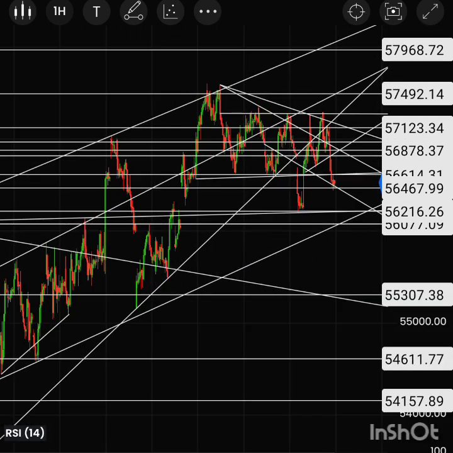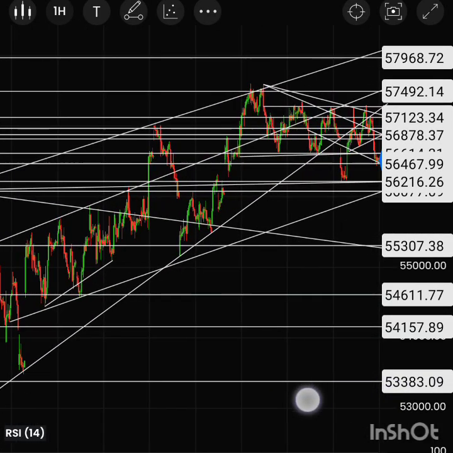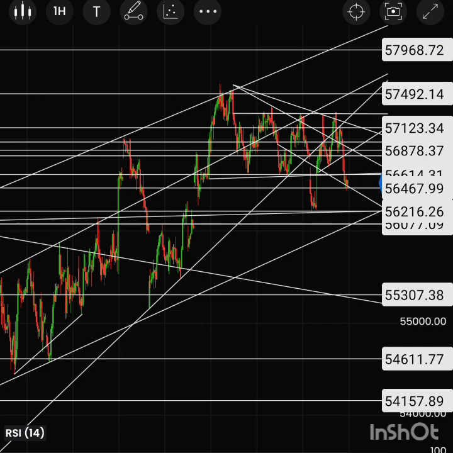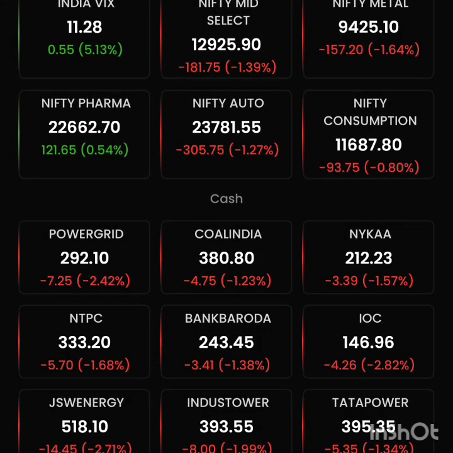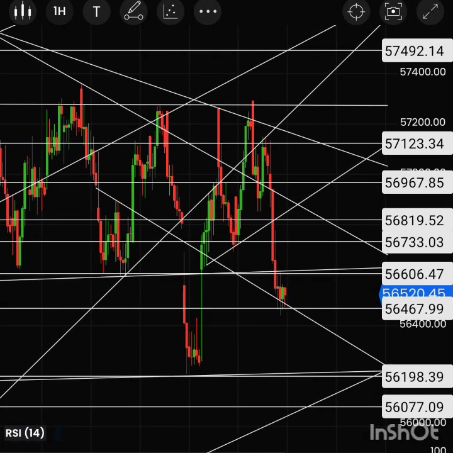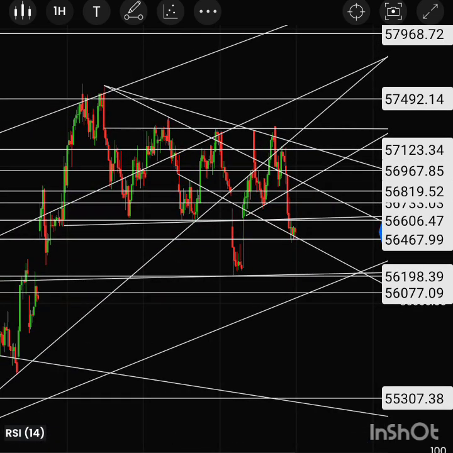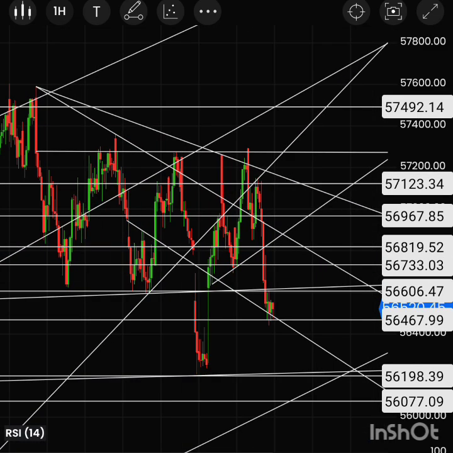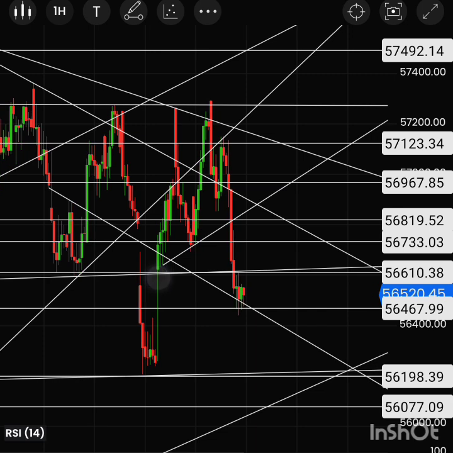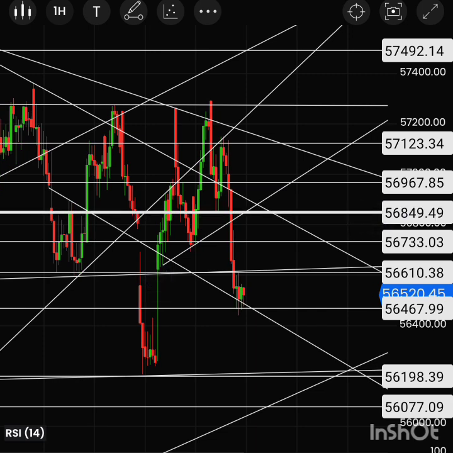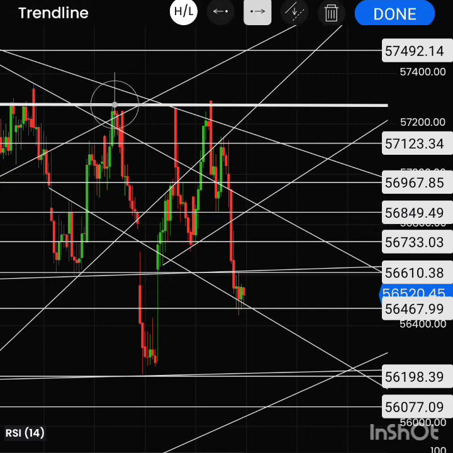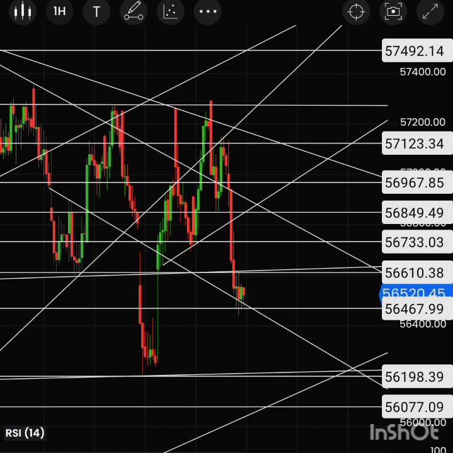This is acting as a support here. This is the rising channel support, and Bank Nifty has been holding this support for a few days and few weeks. The above resistance you can see here, that means 56,730. Then this top line will come as a resistance, that means 56,850.